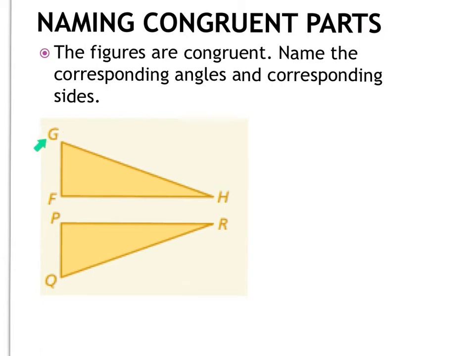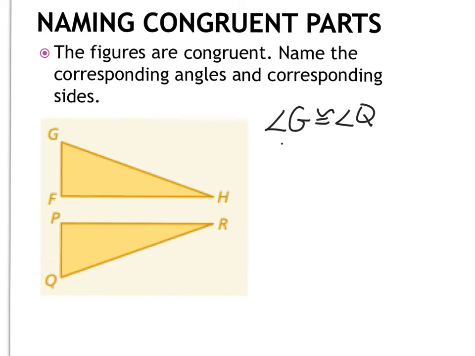If I look at angle G right here in this top triangle, which angle would be corresponding to that? And hopefully you're able to see that the Q down here would be the matching or corresponding angle. And the way that we write that is angle G is congruent to angle Q. And then we'd go through and list all of the different angles that are congruent.